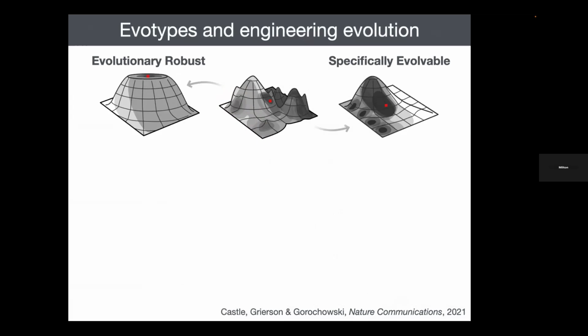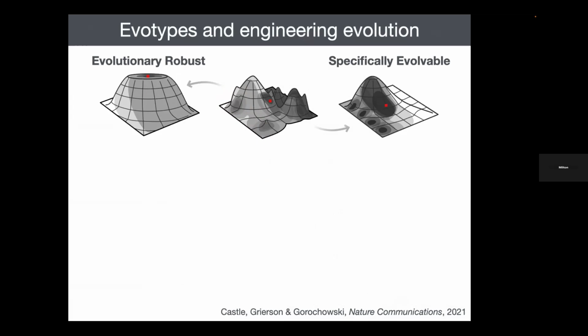To end, I was also going to highlight one other thing that I spoke a little bit about when we were talking about the design cycle, which is the fact that when we're designing biology, we can effectively design the evolutionary process at the same time, which is something we typically don't do in engineering.